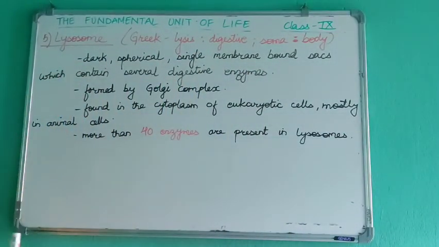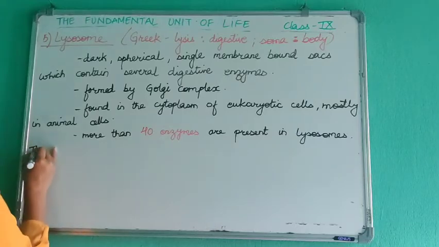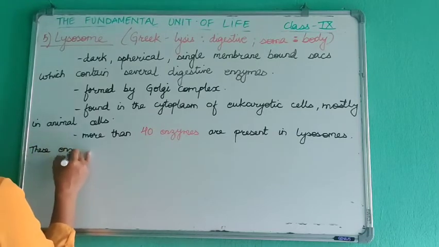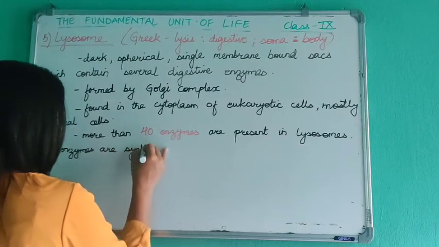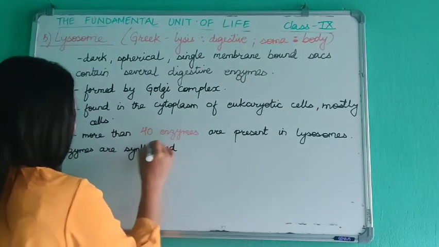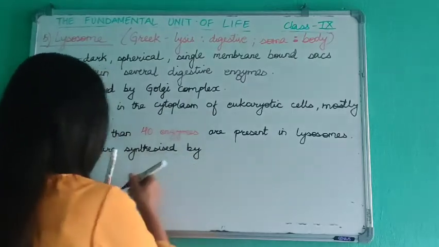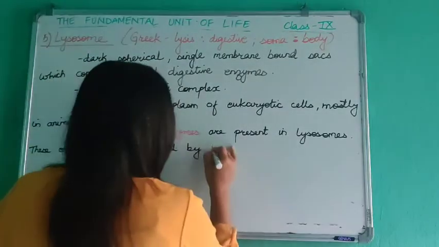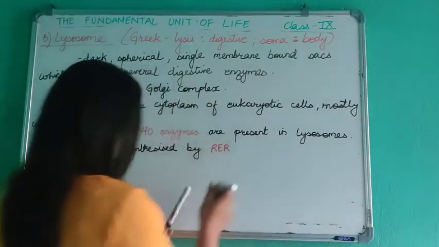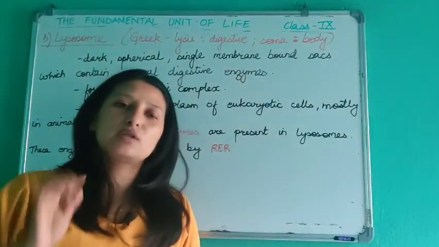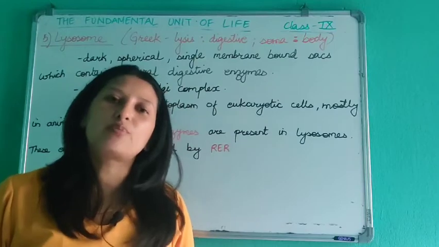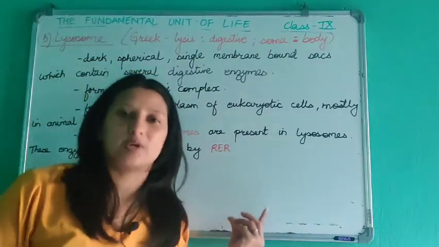अब कहाँबाट आयो त यो 40 वटा enzymes lysosome मा भन्दा चाहिँ these enzymes are synthesized by rough endoplasmic reticulum. अघि हामीले rough endoplasmic reticulum को function पढ्दाखेरि it is involved in the synthesis of proteins and enzymes भनेको थियो नि त.